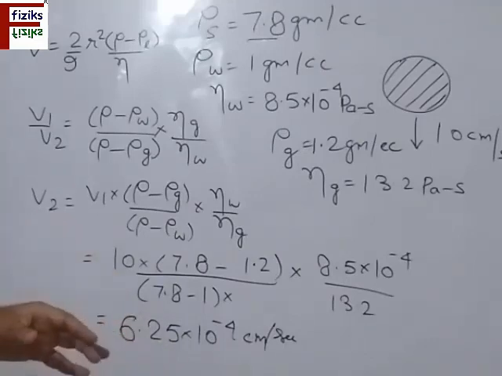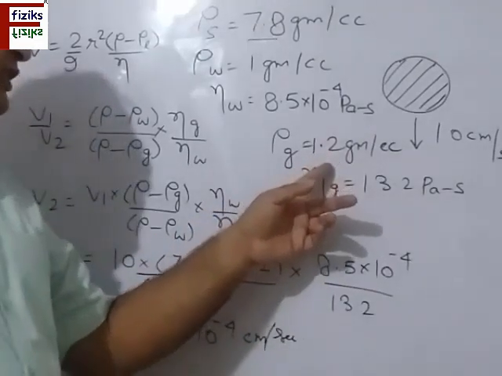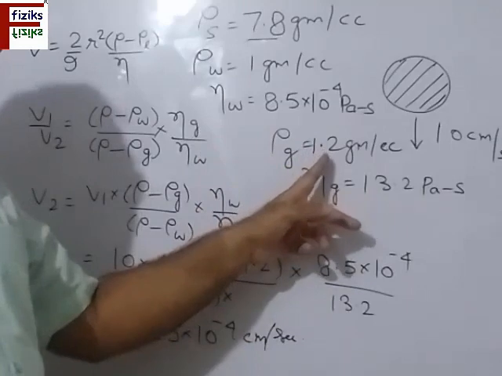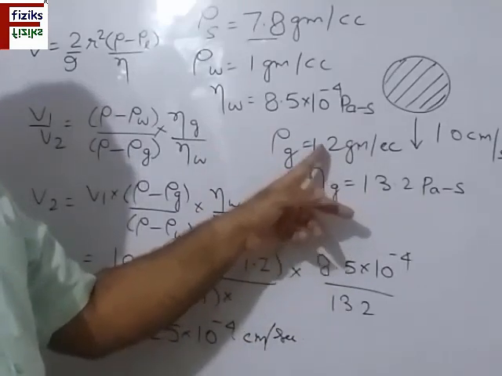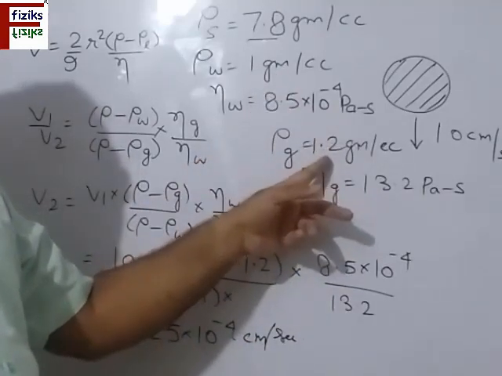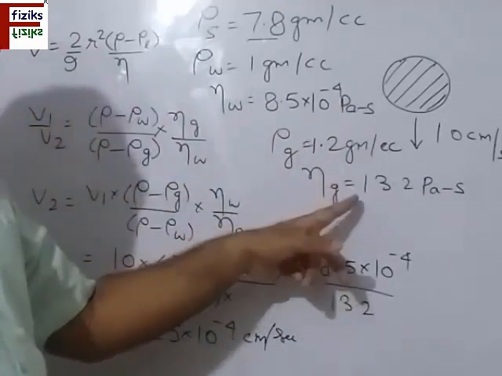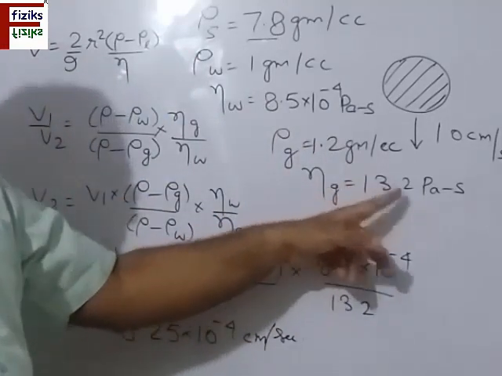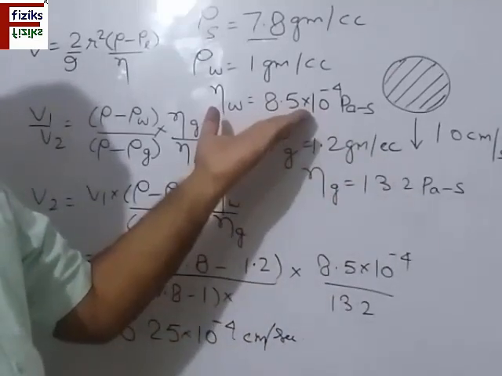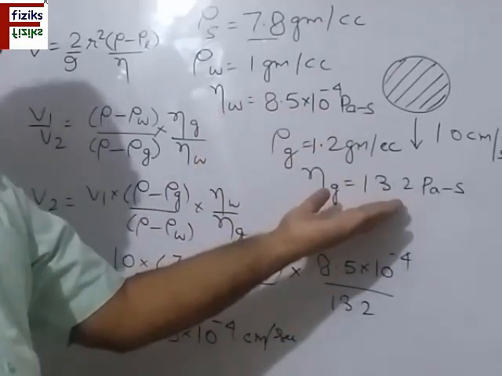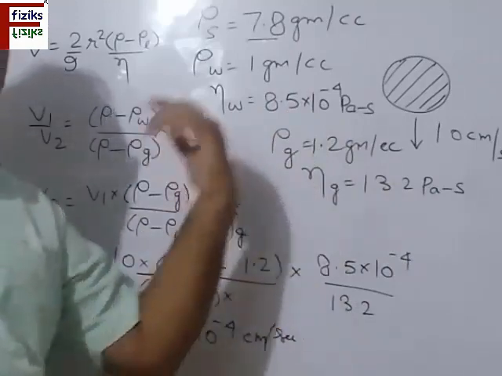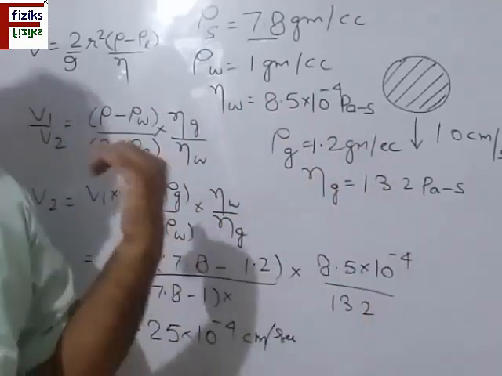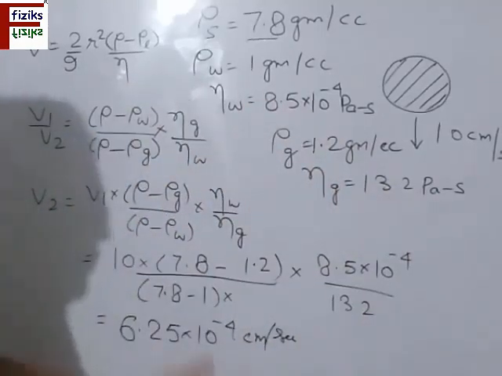It is not because of density, as this is not a big difference: density of water is 1, glycerin 1.2. The big difference is because of the viscosity of glycerin, 13.2. Compare this with the viscosity of water, which is much smaller. That's why the terminal velocity is decreasing when it is put in glycerin. So note it down, please.